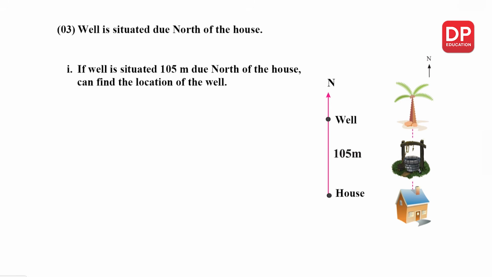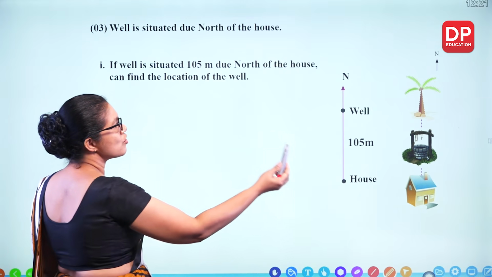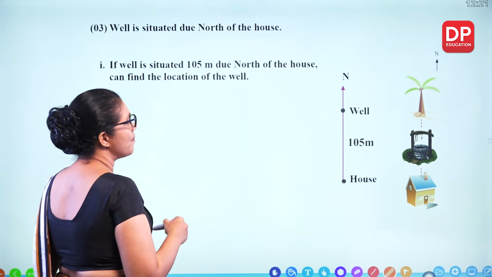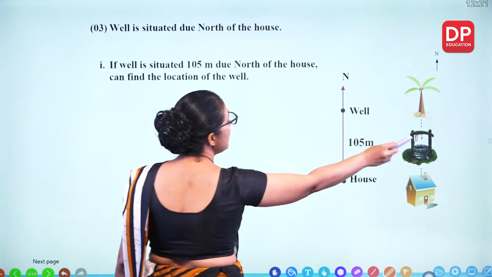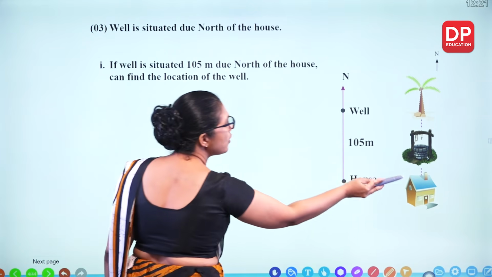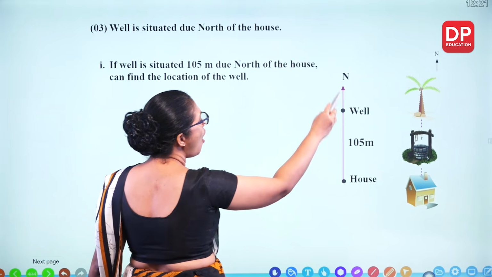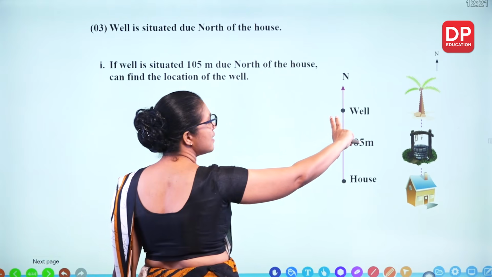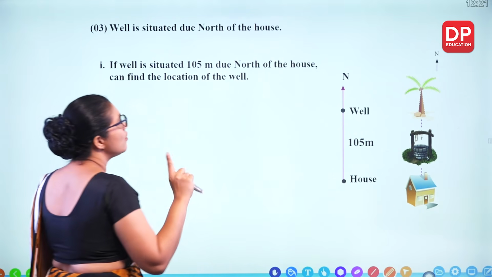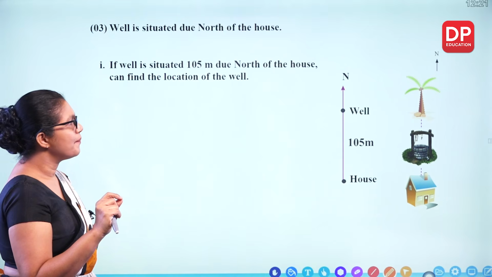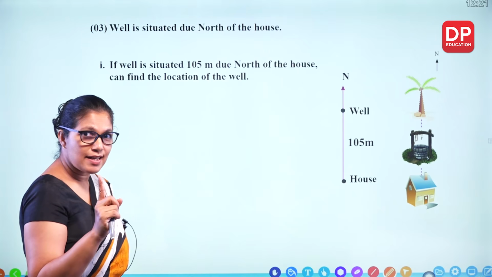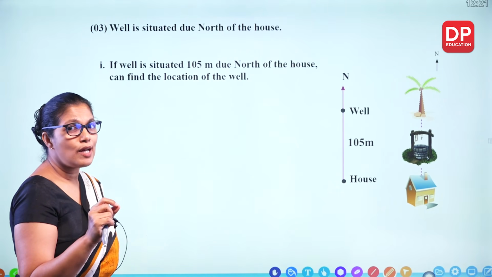So look at the diagram. House is there, a well is there, a coconut tree is there. So this direction is north. Now when you take a look at this diagram, we can see the well is situated due north of the house. So how many meters are there? If you know the exact distance from the house, you can find the place of the well. So when you are looking at a diagram, what are the important things that we need to know to identify a location?